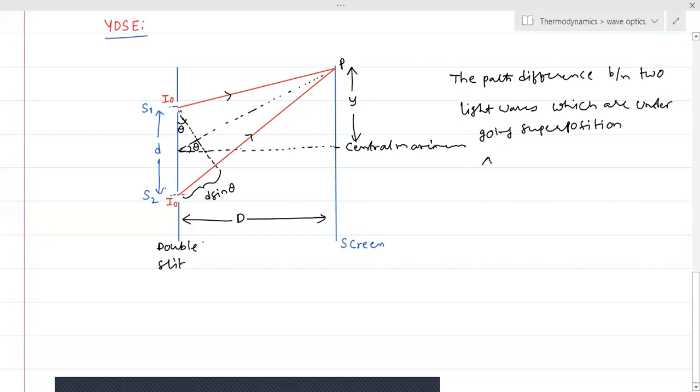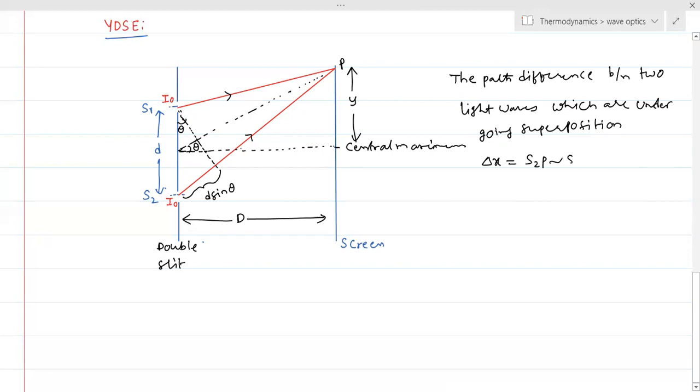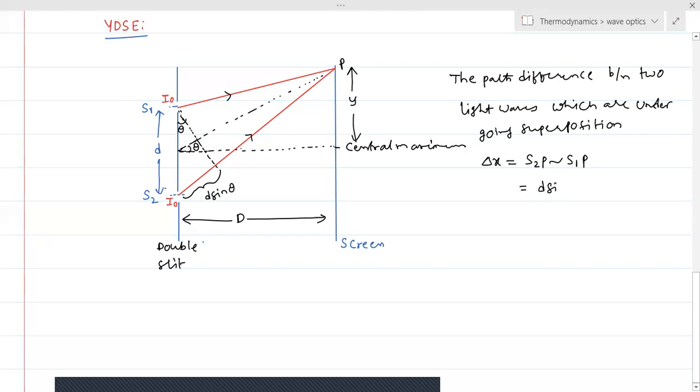So simply we will take the path difference as delta x, that is S2P minus S1P. We are taking the difference. So from the diagram we will say that it is d sin theta. The path difference is equivalent to d sin theta.